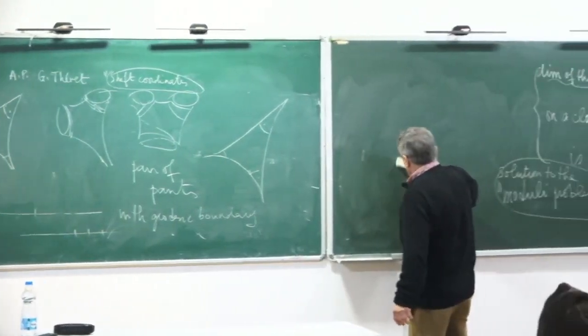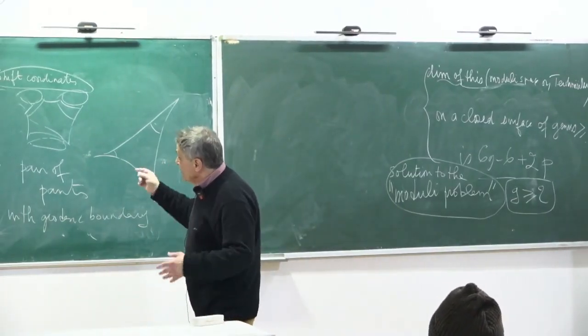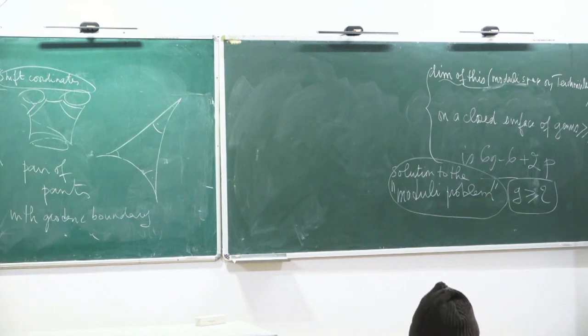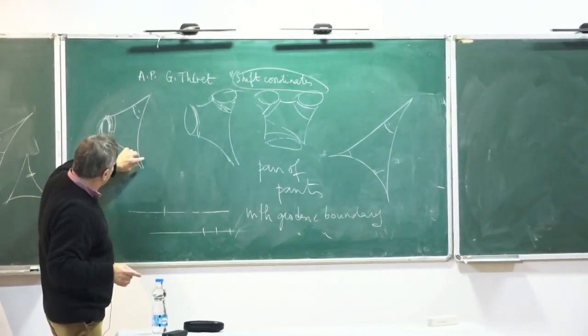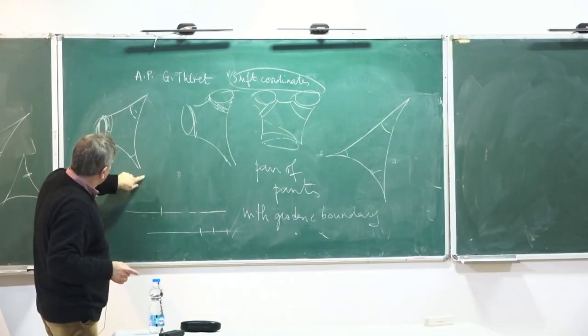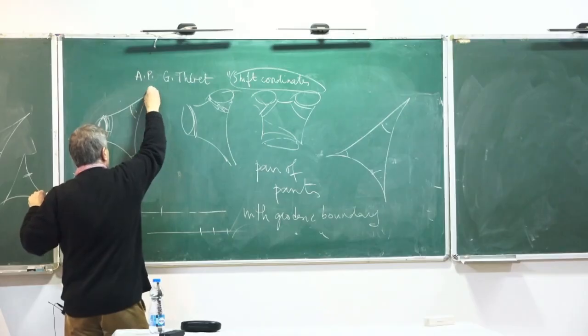Let me write some more properties that we know. As I told you, pair of pants of different kinds. This is by abuse of name also called a pair of pants, where the length of this boundary component is 0.